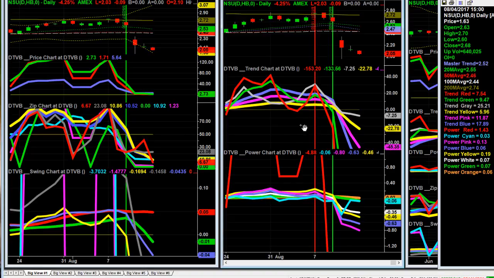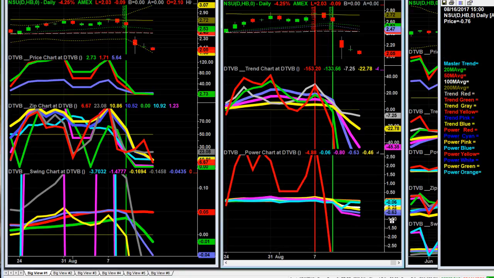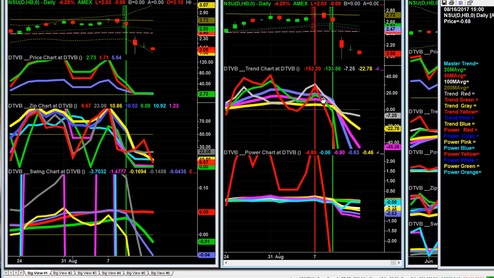But in this case here it's 5 times. You can see it 7 times or 10 times. Whenever it's over 3, there's usually something significant that's going to take place. It's just that difference between the lines, and that's the general way to calculate things on the trend gray and trend red relationships.